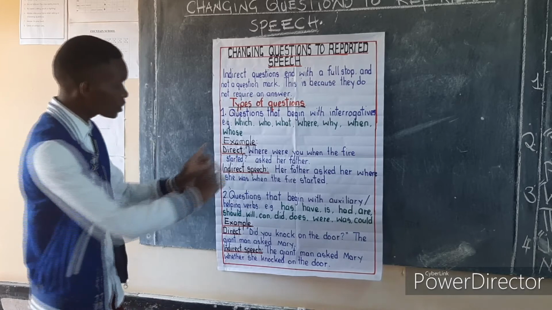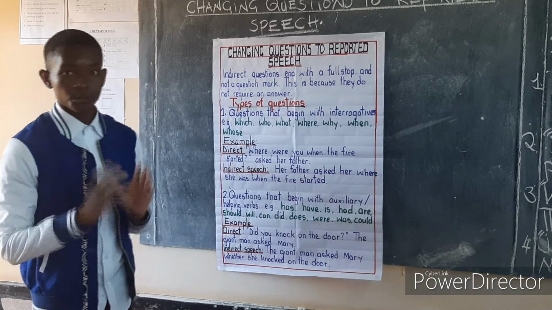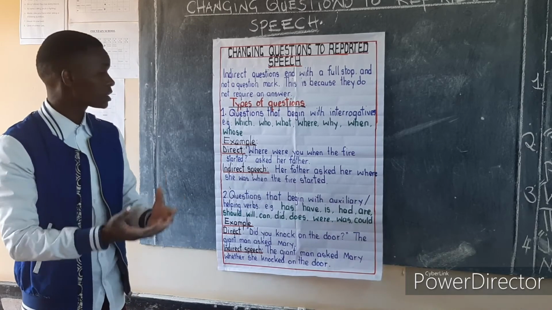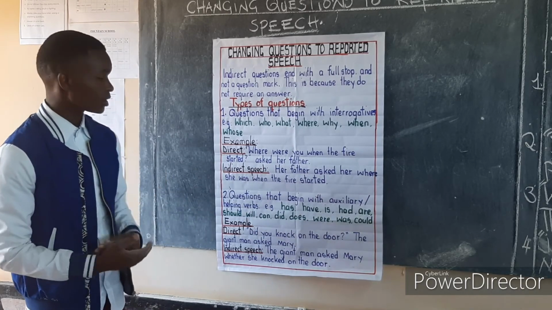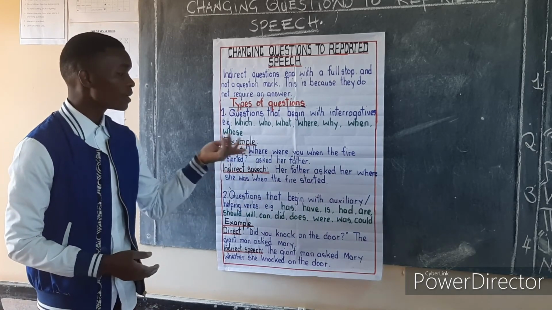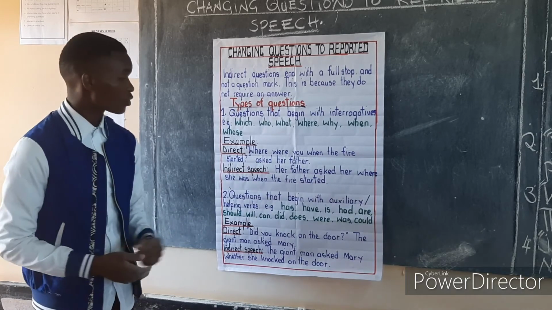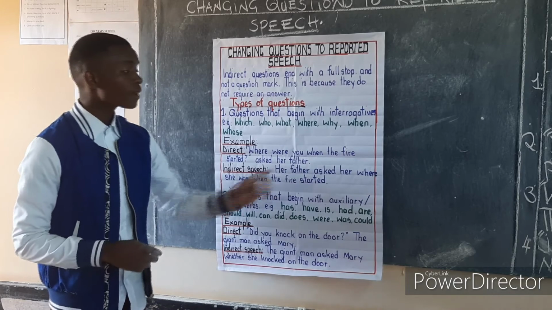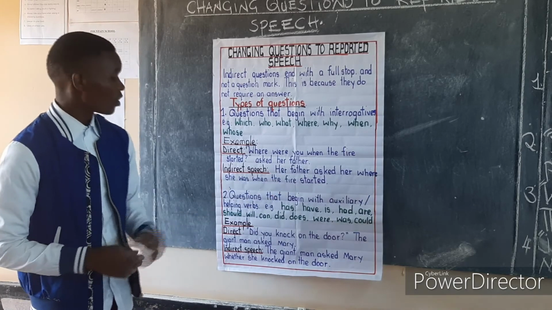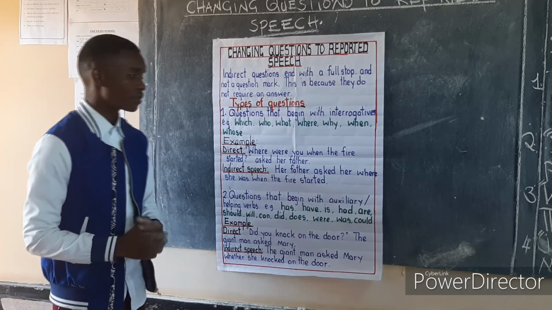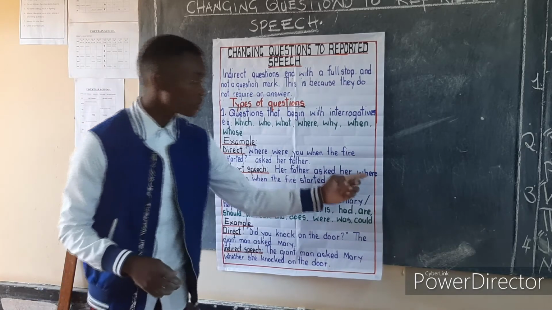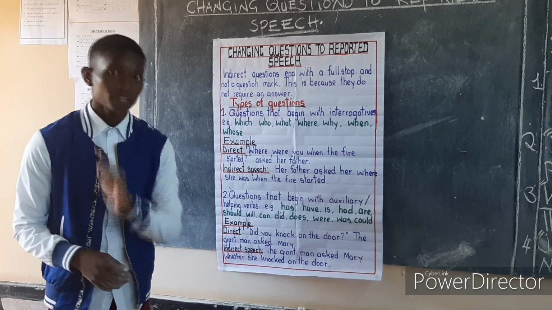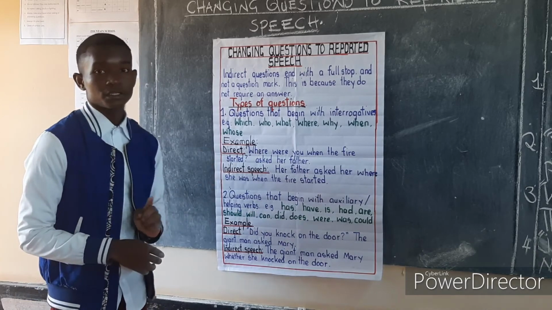And remember, this question has speech marks. Asked her father. So for us to change it into indirect speech, we have to remove the speech marks and start with the unspoken words. So we say her father asked her where she was when the fire started. We've used where because it is the interrogative word in the question.